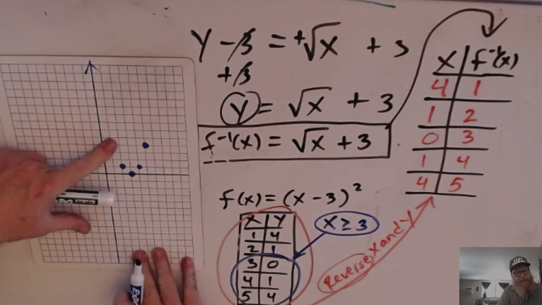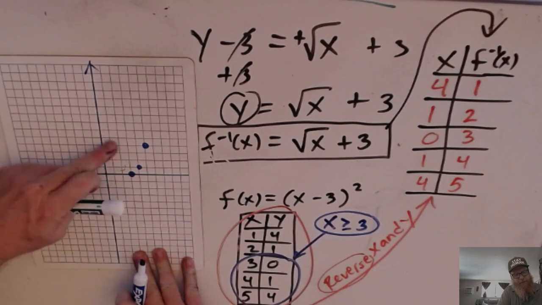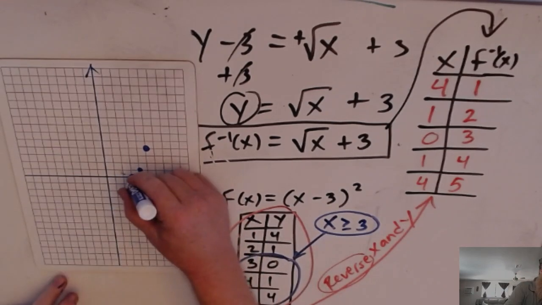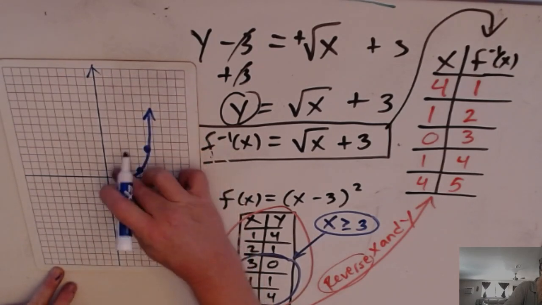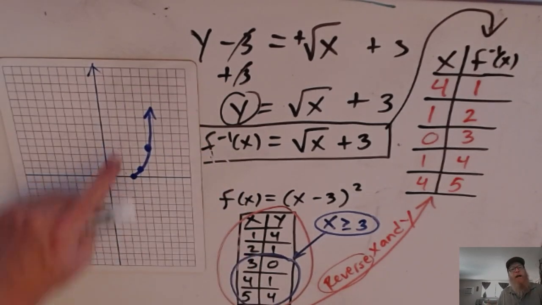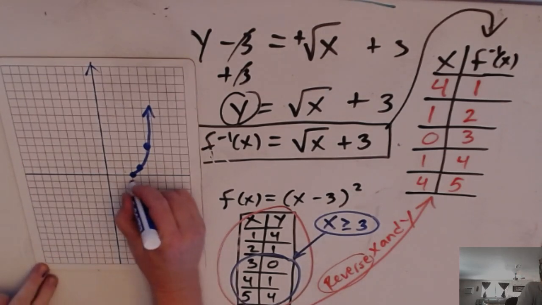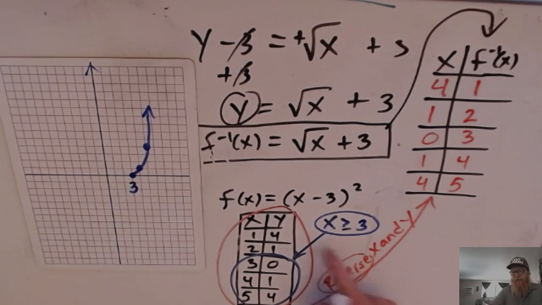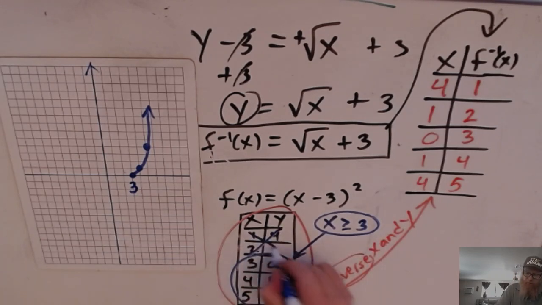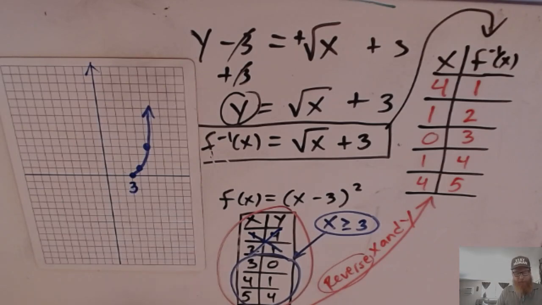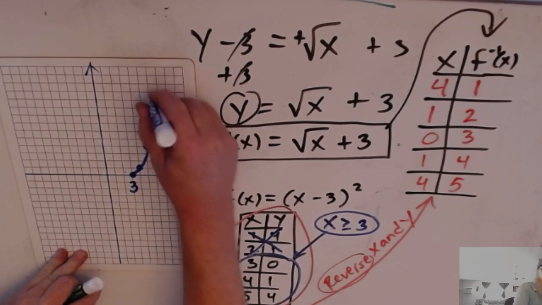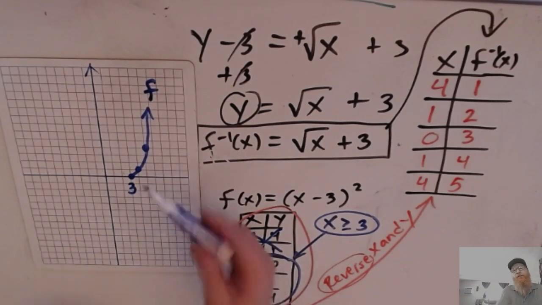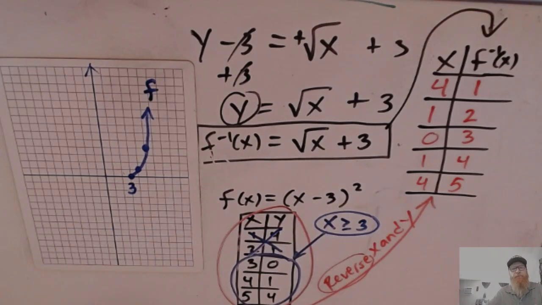So we are deleting these 2 points. And we're only keeping the right-hand side. So x must be greater than or equal to 3. So we do not want any x's that are less than 3. So this is f.